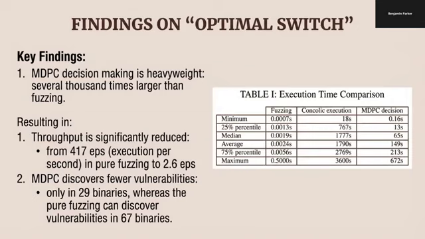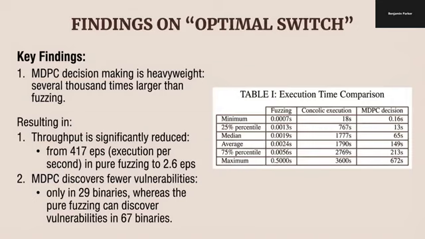To calculate how expensive it will be for the concurrent executor to solve a path, it has to do the steps it would have taken if it was run normally, like translating the binary into an intermediate representation and collecting the path constraints. But as we established, that exact process is what makes concurrent execution so slow. MDPC forces the system to pay this massive performance tax on every single seed, not just the ones that concurrent execution runs on.